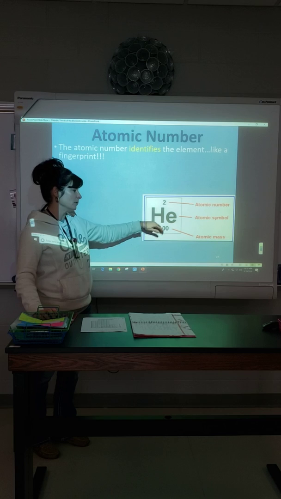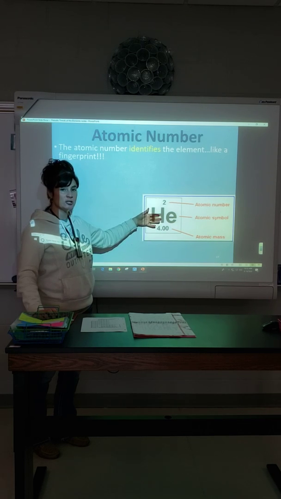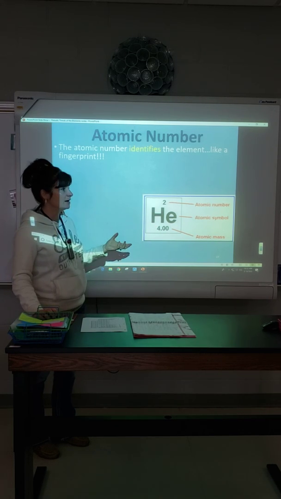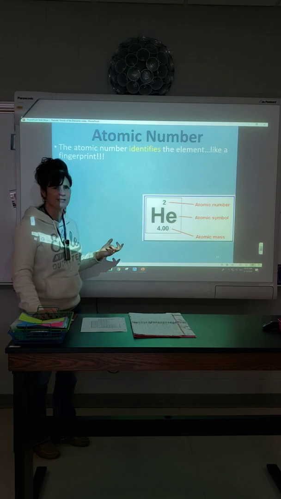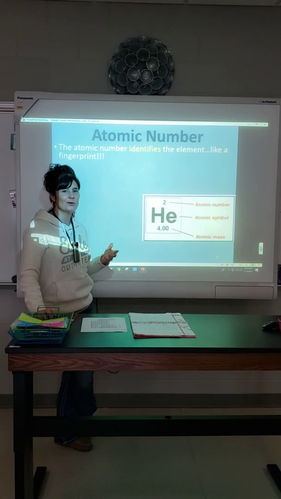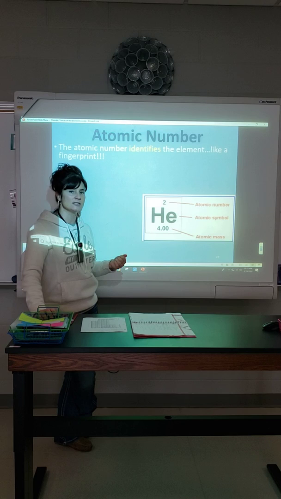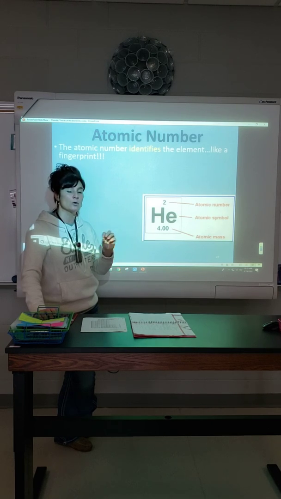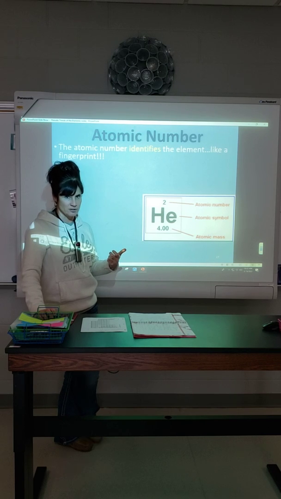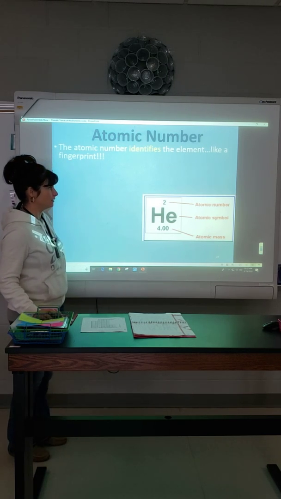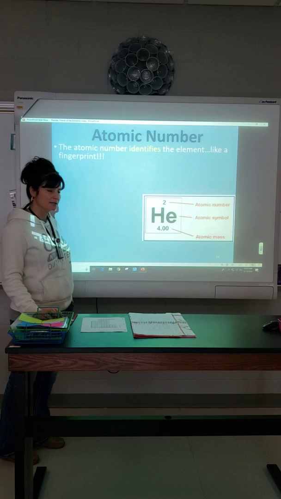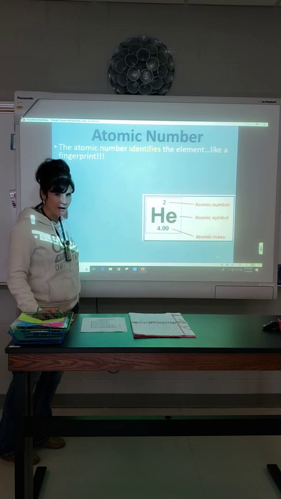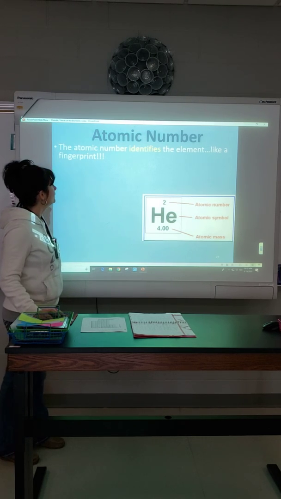So this is helium, hydrogen is H, oxygen is O. Some of them kind of match, but gold is AU, I believe. Some of the abbreviations or symbols match their Greek or Latin name, not our American or English version of the element. So some of them make sense, some of them seem a little like, well, where did that come from? And that's why.